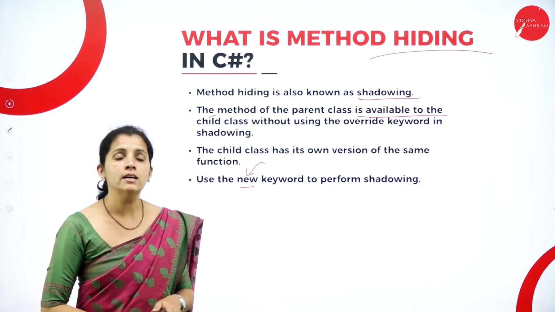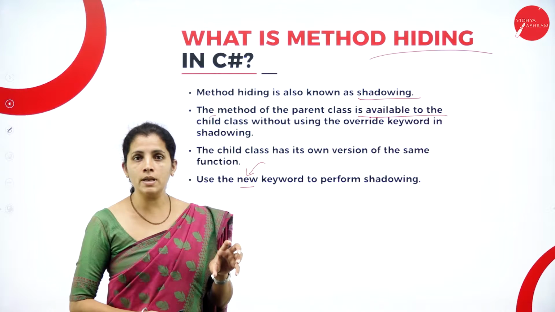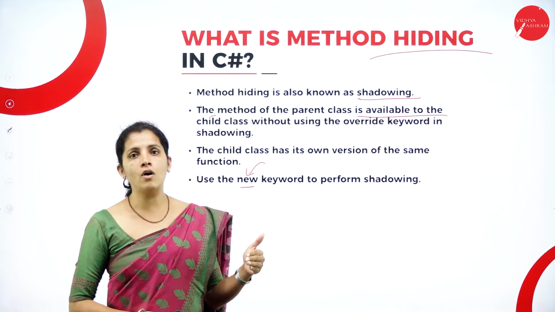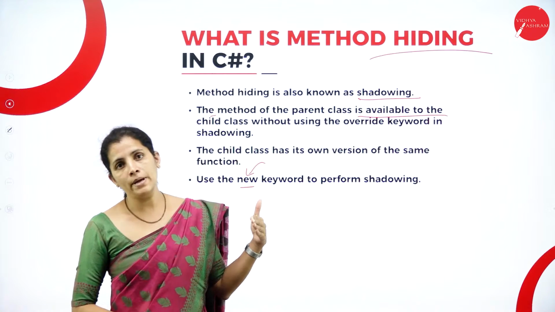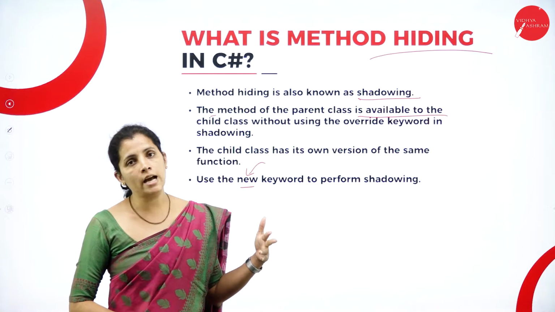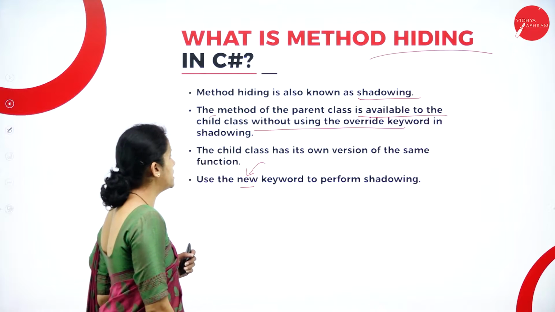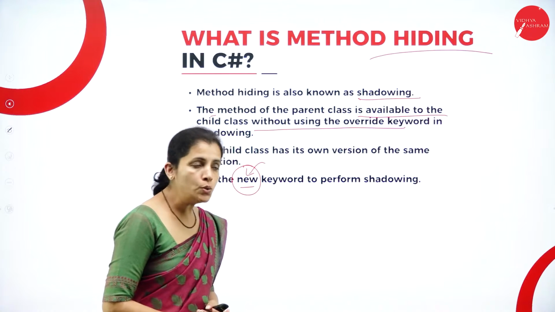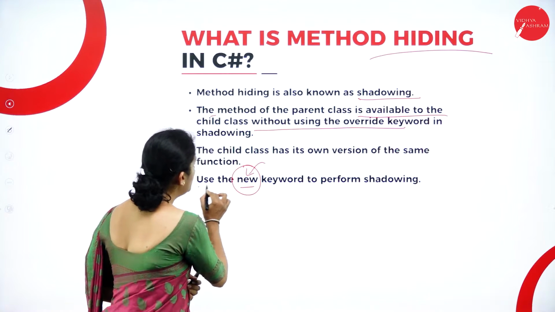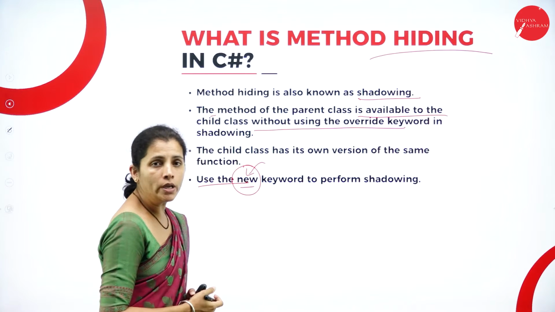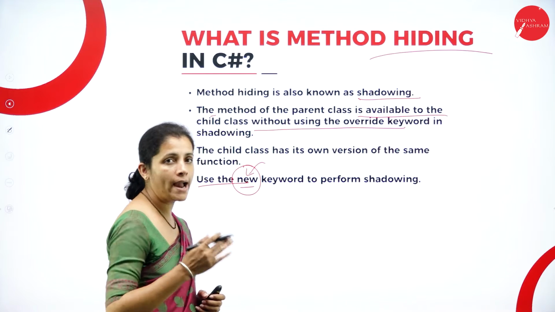We know that the properties as well as the features of the parent class can be acquired by the child class without using the override keyword. So, dear student, here I'm going to use the new keyword to perform shadowing.